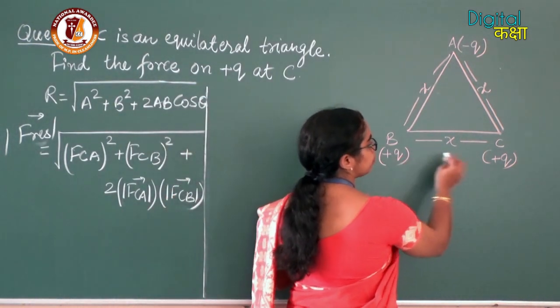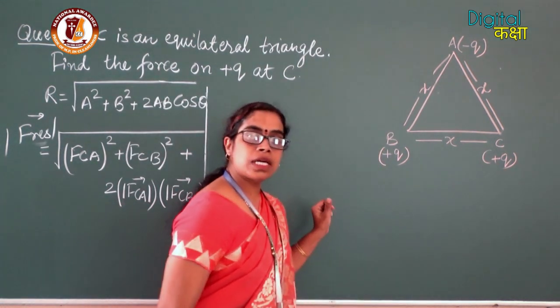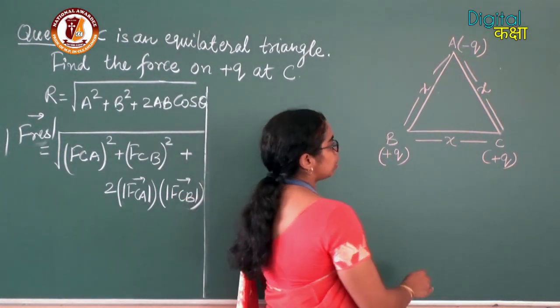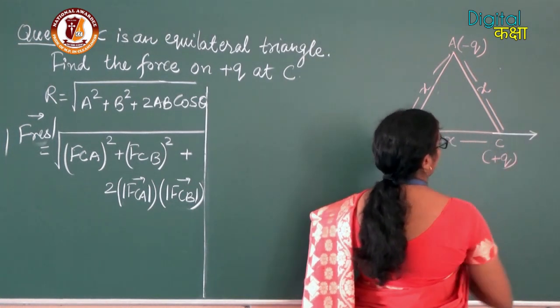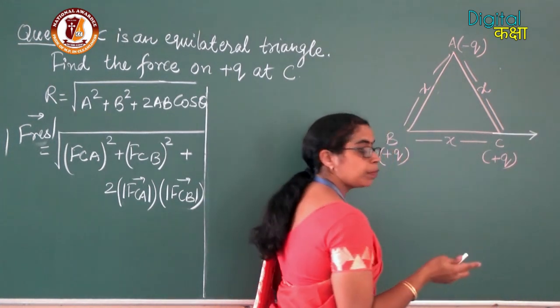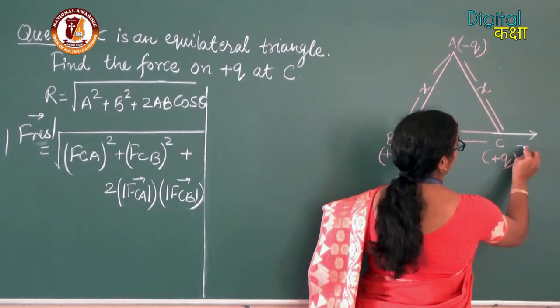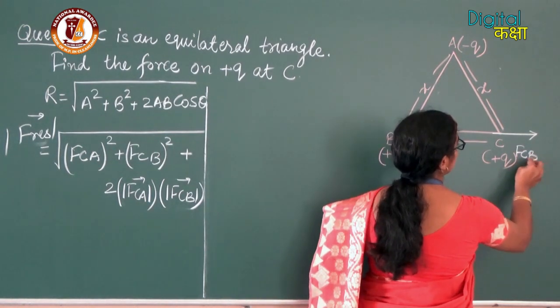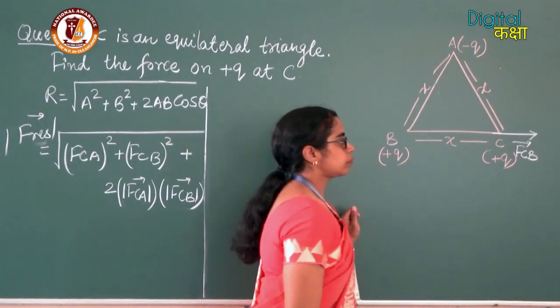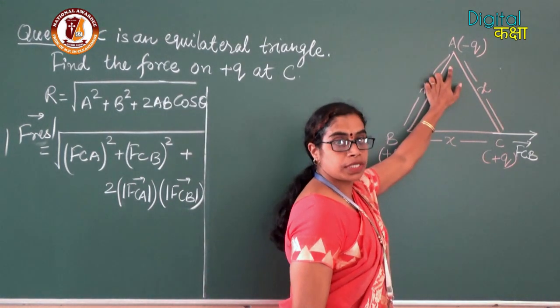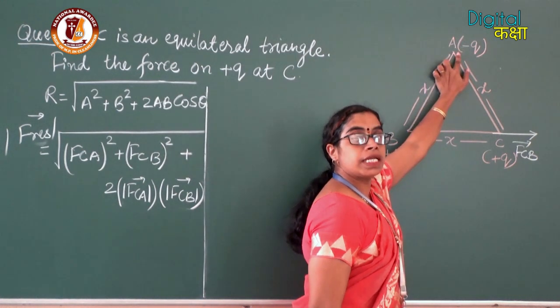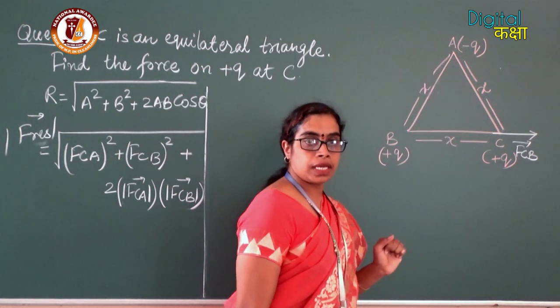Since at points B and C the like charges are kept, the repulsive force will be in this direction and will be labeled as vector FCB. Now the thing which is changed here in this question is that there is negative charge kept at point A.